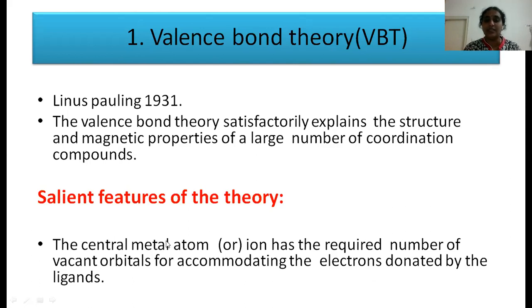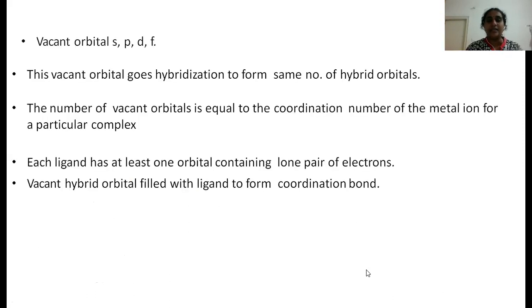All the d block elements have vacant d orbitals to receive the required electrons donated by the ligands. For the metals, the vacant orbitals may be s, p, d or f orbitals. These vacant orbitals undergo hybridization to form the same number of hybrid orbitals in the presence of ligands.